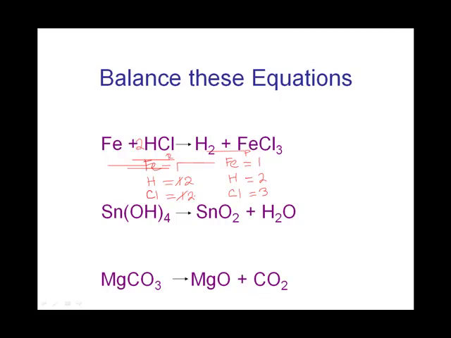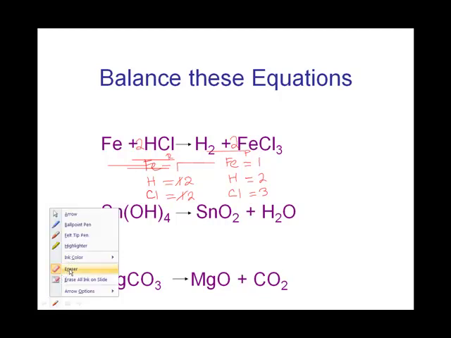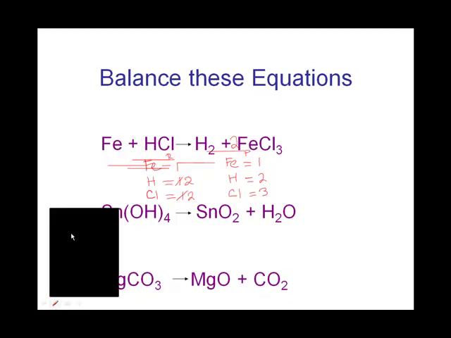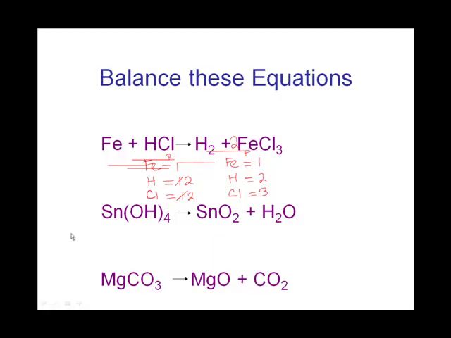And what we're going to have to do is we are going to find a common factor here. And the common factor between 2 and 3 is 6. So let's go ahead and make this a 2 and make this a 6.